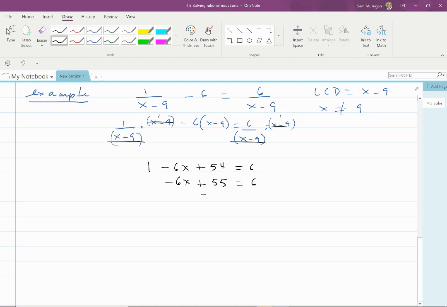Then we go ahead and take away 55 from both sides to give negative 6x is equal to negative 49, and divide both sides by negative 6. x is equal to 49 over 6. Again, cannot be reduced, so we leave that as it is.